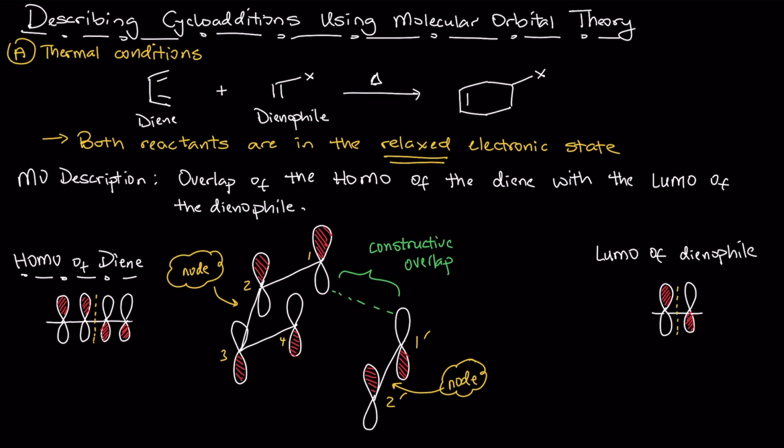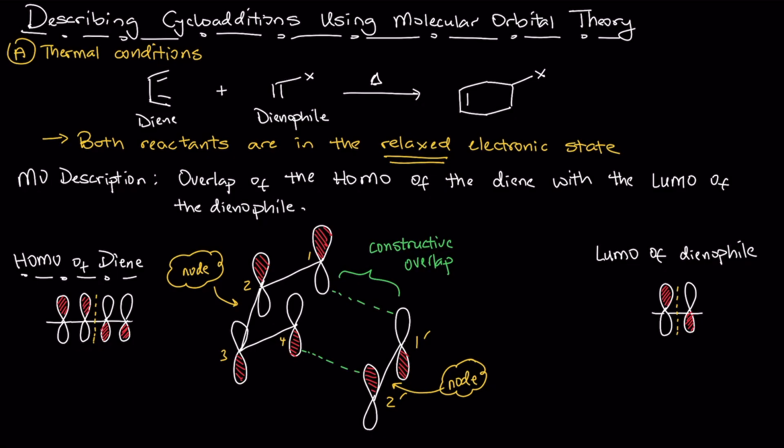And likewise, because there's a node between carbon 2 and carbon 3, the sign of the p orbitals in 3 and 4 flips. So while the bottom of the 1 orbital is unshaded, the bottom of the 4 orbital is shaded, which matches perfectly with the top of 2', where it is also shaded.